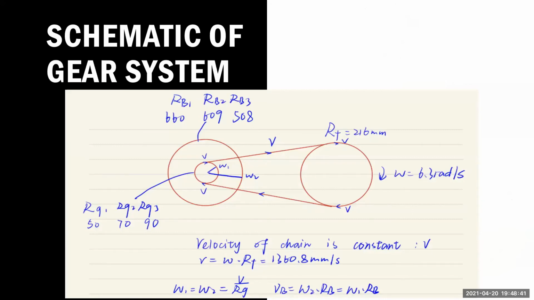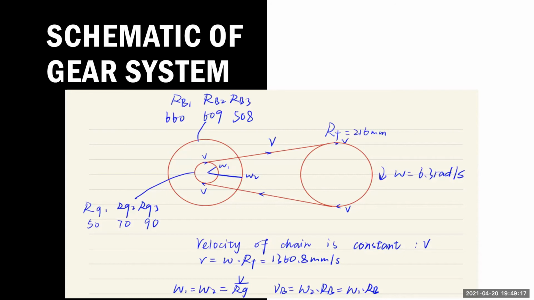So I'll be speaking for the Chinese students for the next few slides. So here's a close-up schematic of the system. The RT is the radius of the main gear, the front gear, and W is equal to 6.3 rads per second. So what they did is they solved for the velocity of that front gear, which translates into the chain, because the chain is enacting upon the back gear whatever the front gear enacts on the chain.